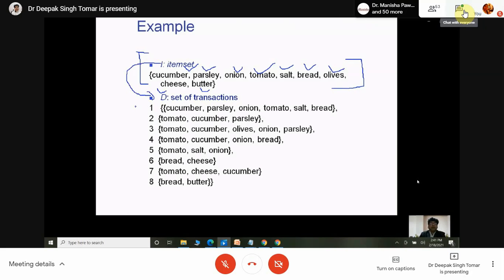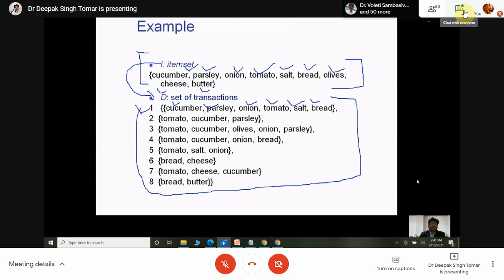For example, the first customer buys cucumber, parsley, onion, tomato, salt and bread. The items in the transactions must appear from this itemset; no one can get items from outside. User 6 only purchased bread and cheese.